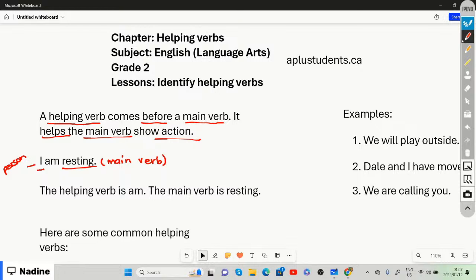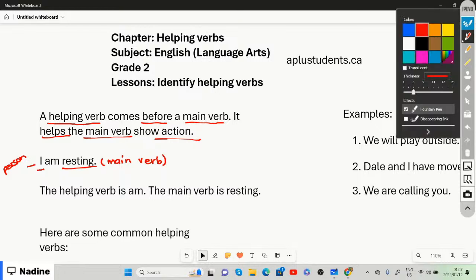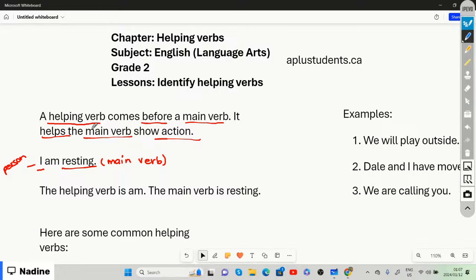And then if we were to identify the helping verb that helps the main verb to show action, the circled word, which is am, that is our helping verb. And this word, am, helps the main verb, which is resting, to show action. To basically show what the person is doing.